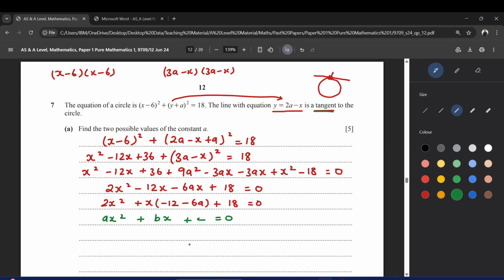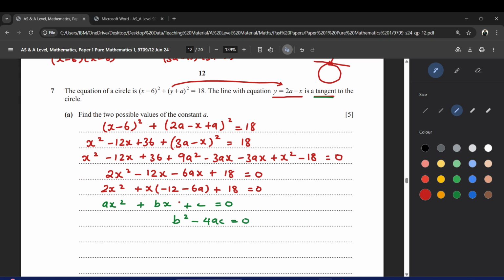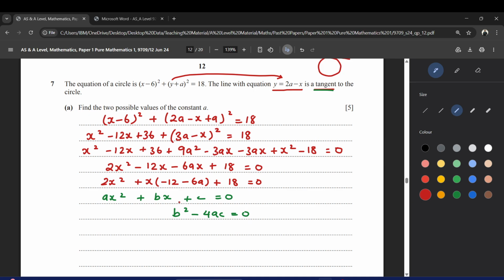So when we have only one root to a certain equation, the discriminant is equal to 0. This is a question which is related to circle as well as the discriminant. So b² would be (−12 − 6a)² − 4 times a, which will be 2, times c, which will be 18.